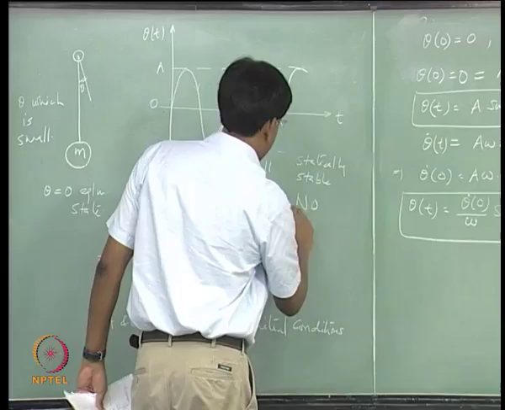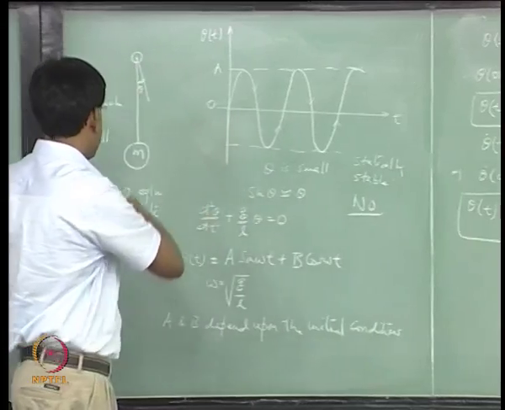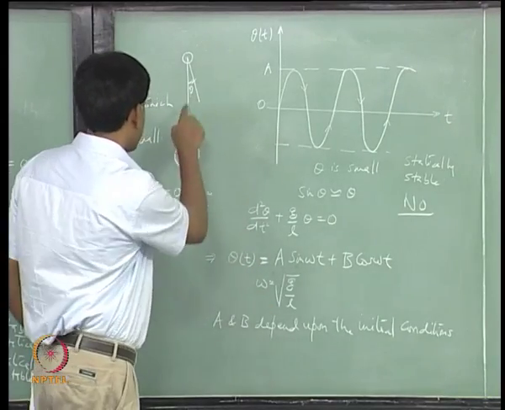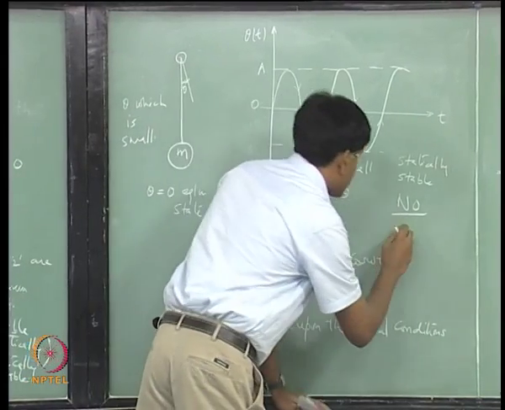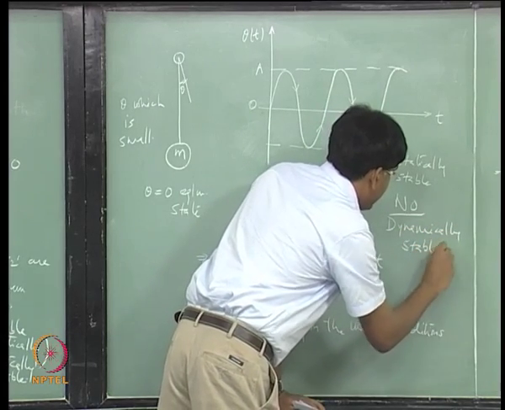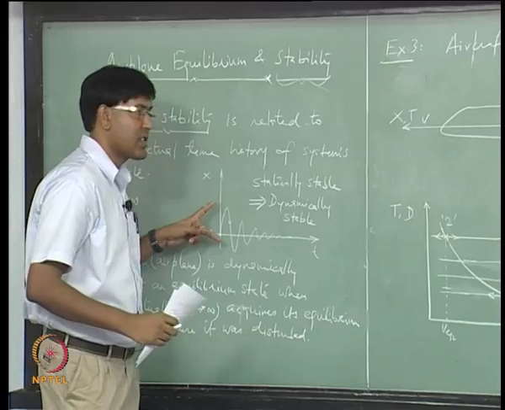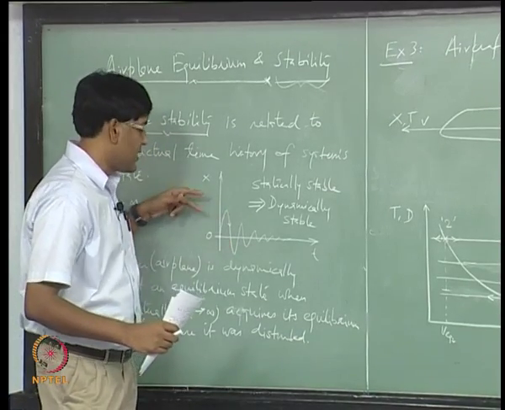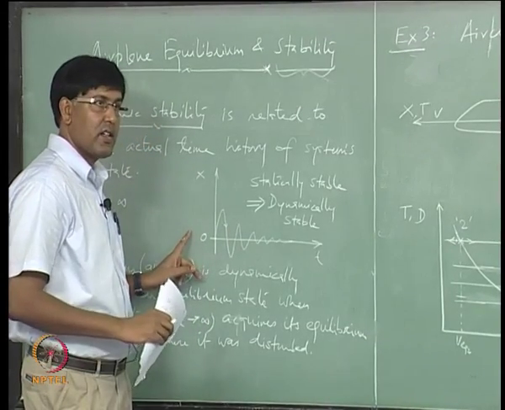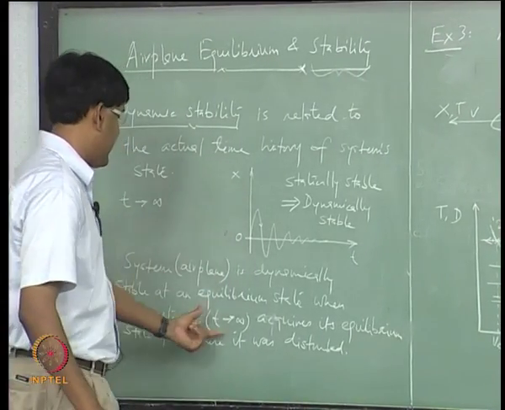No. This equilibrium condition for this pendulum, theta equal to 0, is not dynamically stable, because a dynamically stable response will look something like this: the transients decaying in time, so that the system has finally reached this position of equilibrium when t goes to infinity, mathematically.